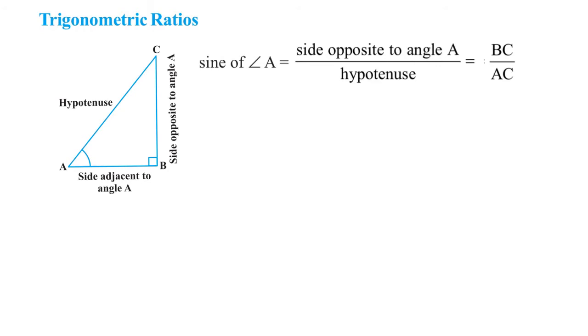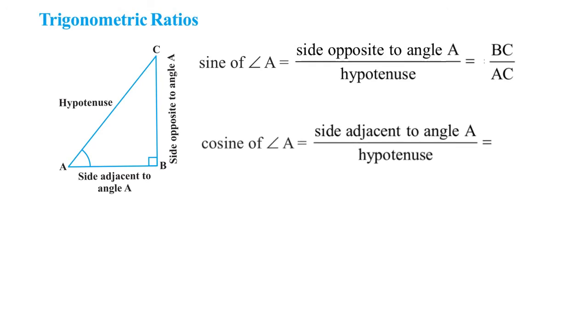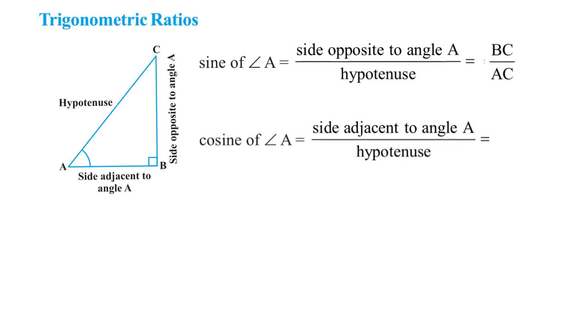Similarly, let's look at the other trigonometric ratio. Cosine of angle A is given by the ratio side adjacent to angle A divided by the hypotenuse. And what is that going to be? It's going to be AB over AC.